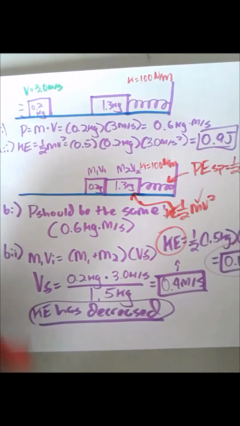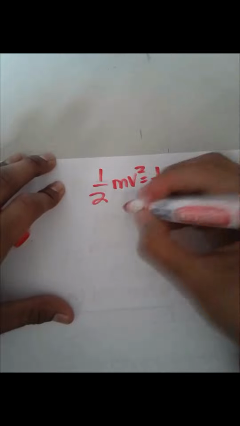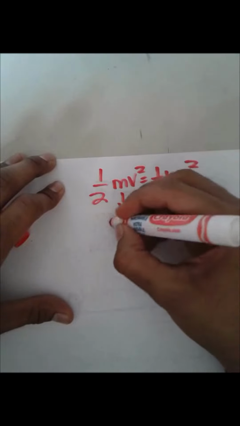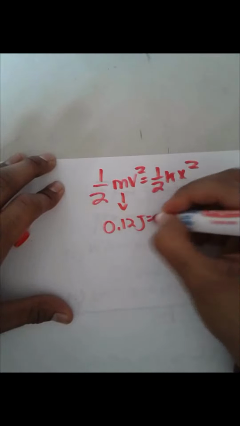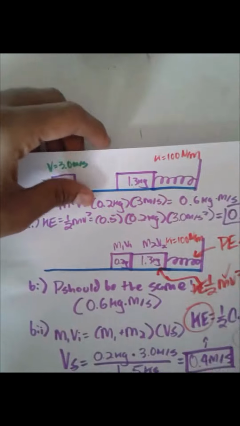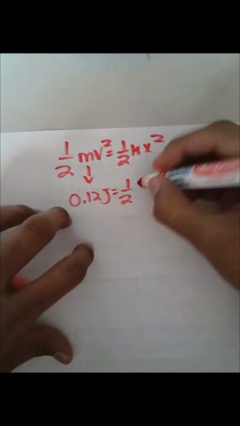So let's set that up right over here. I'll use the back of this piece of paper. So you've got 1/2 mv squared is equal to 1/2 kx squared. We know that this right over here is actually 0.12 joules, and we know that k is actually 100 newton meters.